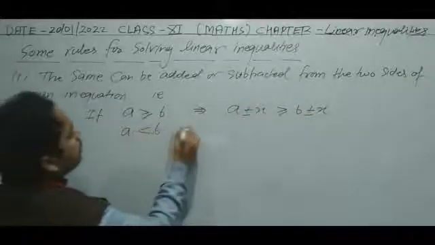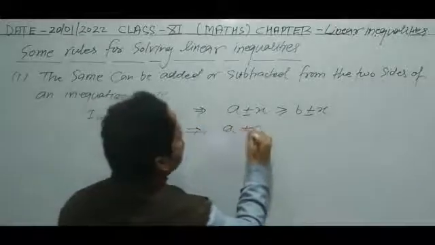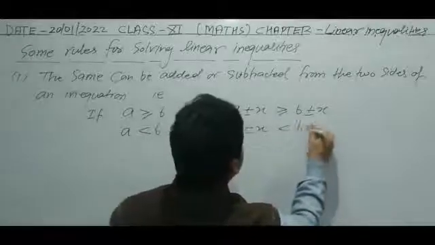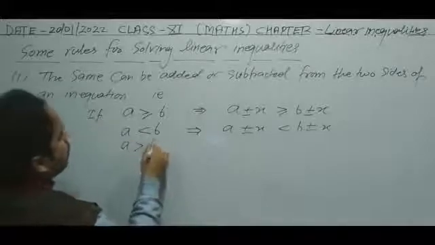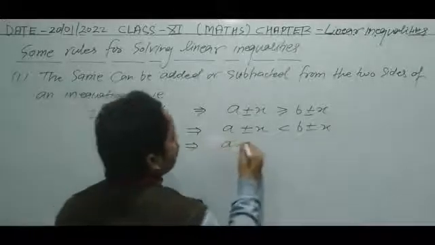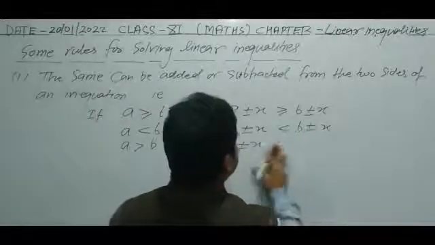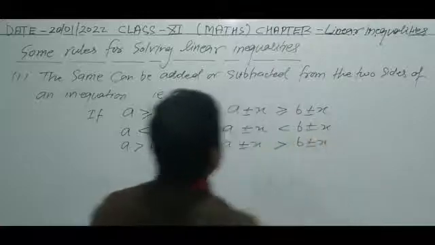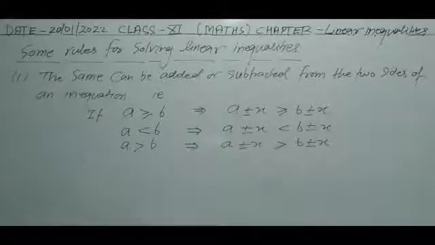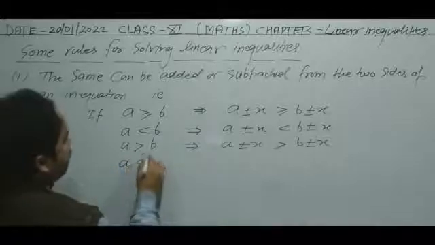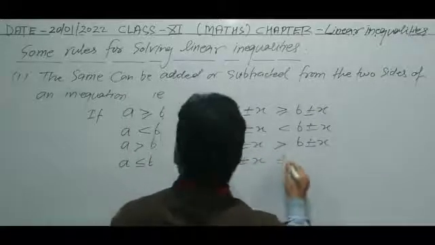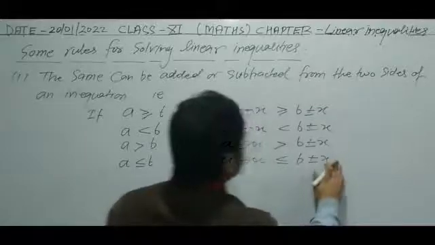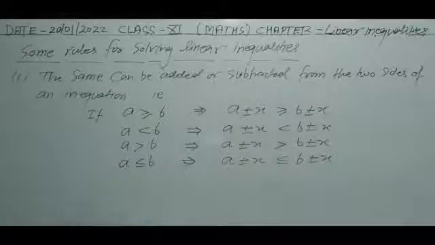Similarly, for A is less than B, this will be A plus minus X is less than B plus minus X. Now A is greater than B, in this case A plus minus X is greater than B plus minus X. And A is less or equal to B implies A plus minus X is less or equal to B plus minus X. Now this is the format.